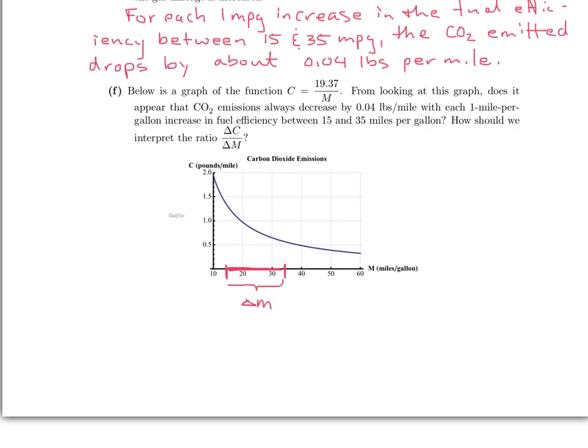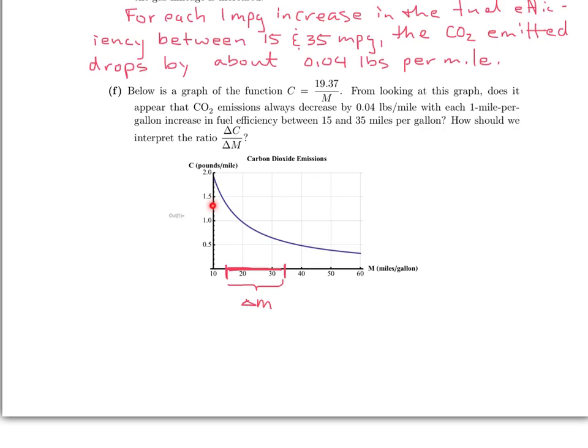We can also locate the change in the emissions. If I start at 15 miles per gallon and I go up to the graph, I hit a point right here, and then if I go over, I arrive at the emissions that corresponds to a mileage of 15 miles per gallon.